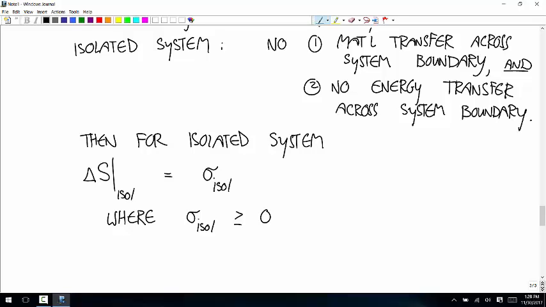Whichever one has more entropy is the thing that happened later. You can't go back to the original one if it's still isolated. You could go back, but you have to do it by hooking up compressors and all this, just like in a refrigerator, you're going to less entropy, but you have to do it with a compressor and all this other stuff.